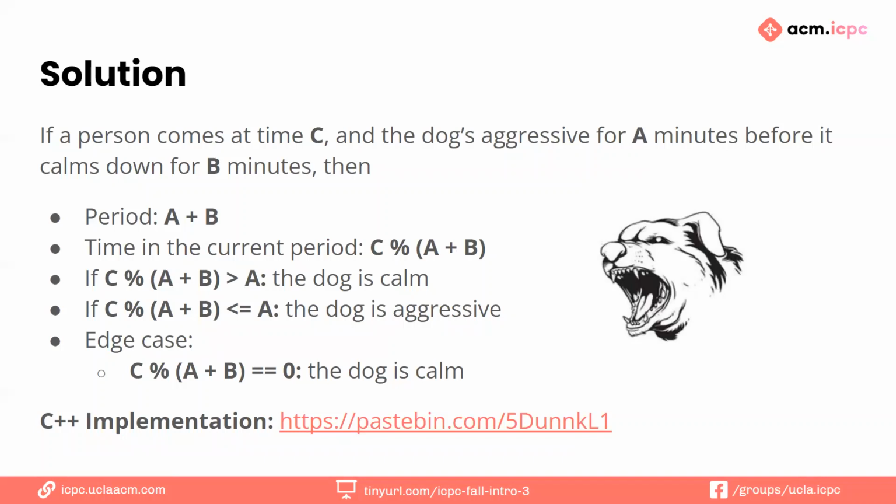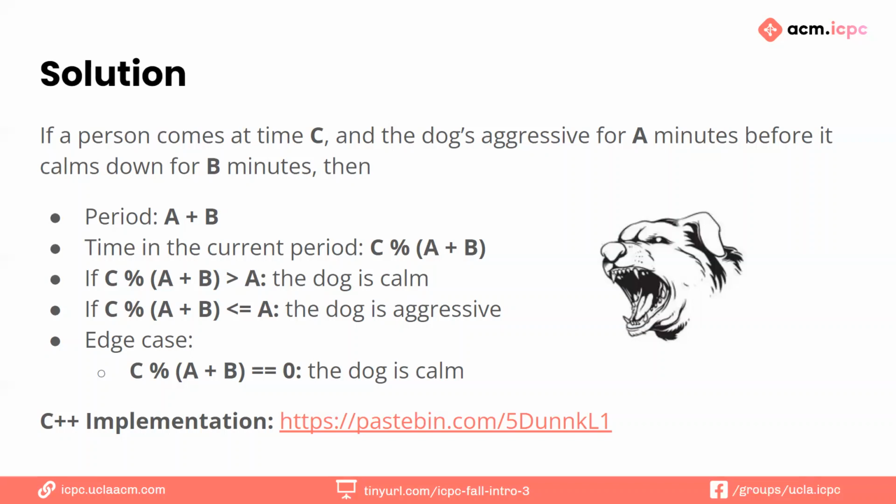If a person comes at time C, and the dog is aggressive for A minutes before it calms down for B minutes, then one single period is A plus B minutes long. Then, in the current period, we want to remove all the previous periods from the current time, which we can do using the modular operator. And it would be C mod (A plus B).